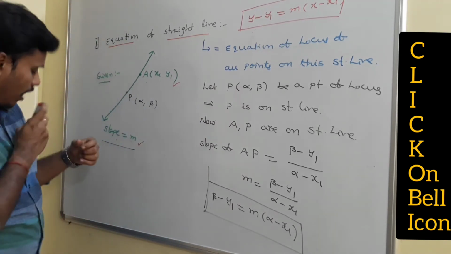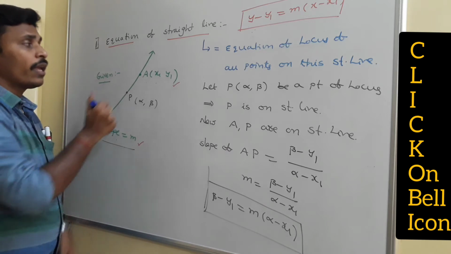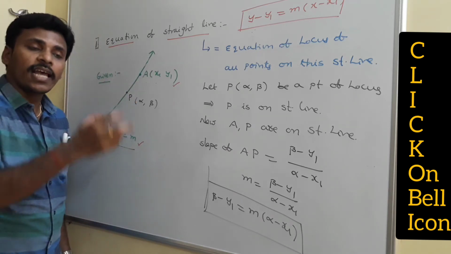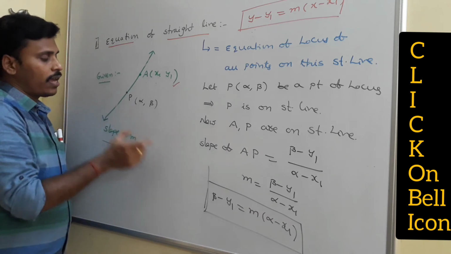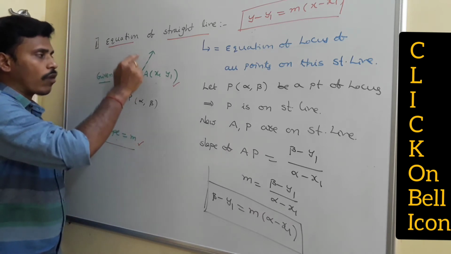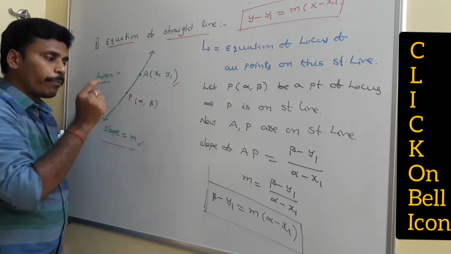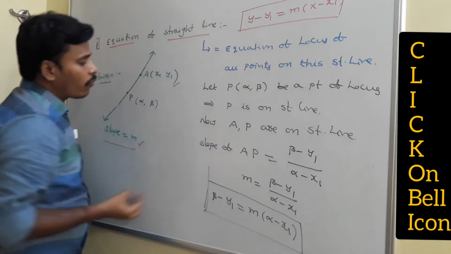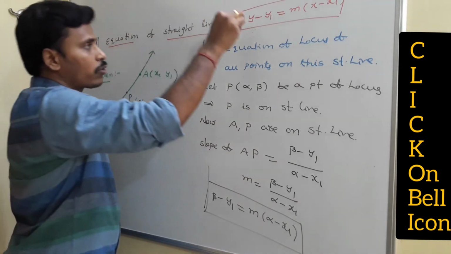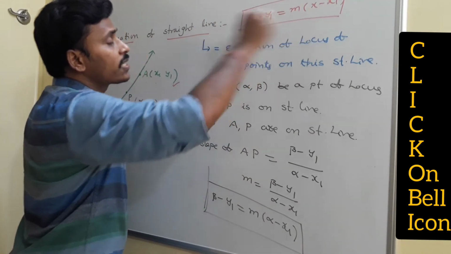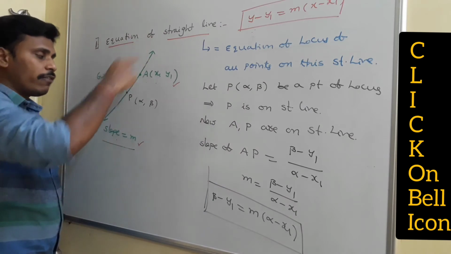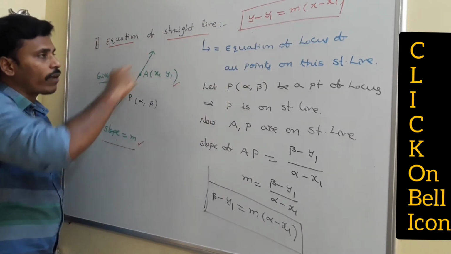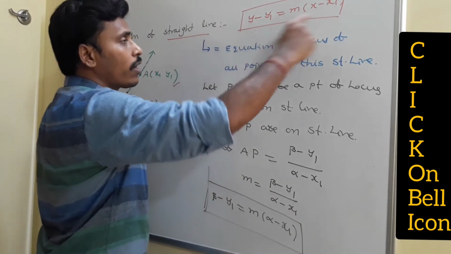Once again I am telling you that there exist infinite number of points on this straight line. Every point has an x coordinate and y coordinate. Consider any point on this line, then replace the x coordinate of that point in the place of x and the y coordinate of that point in the place of y, then surely it is satisfied. For infinite points, it is satisfied. That means every point on this straight line satisfies this particular equation.